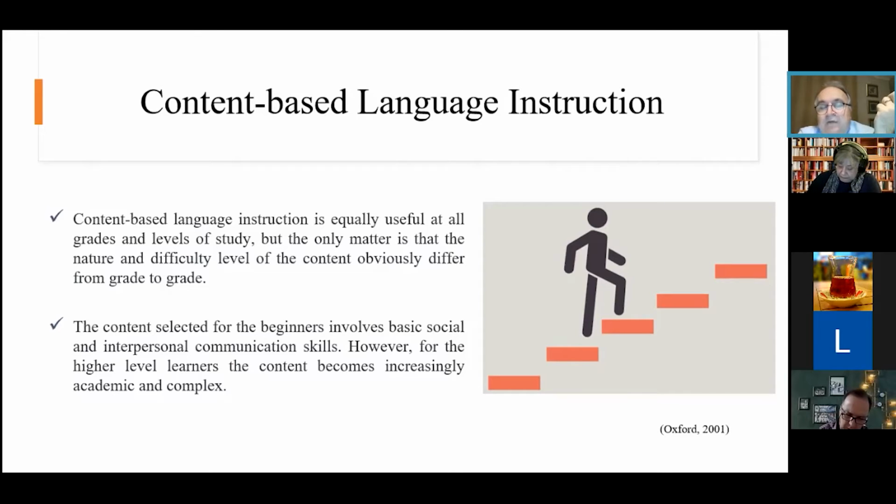But for the higher level of learners, I mean for higher proficiency levels, the content becomes increasingly academic and complex. So while we are making use of simple communicative tasks or activities for the beginners, we try to use more complex and more complicated ones for the higher level of proficiency.